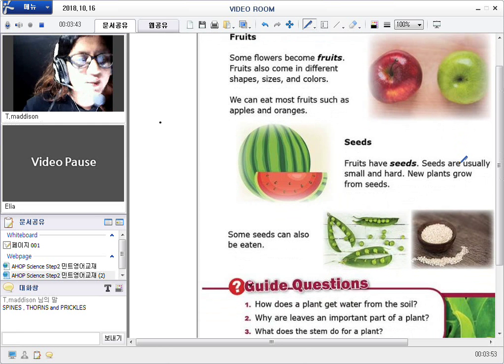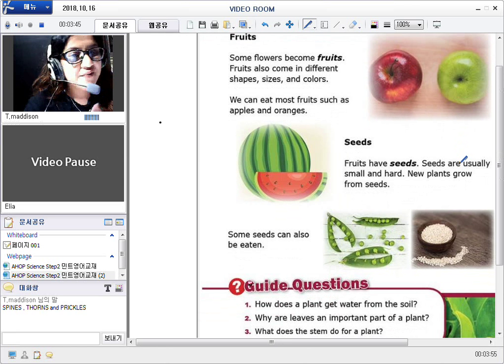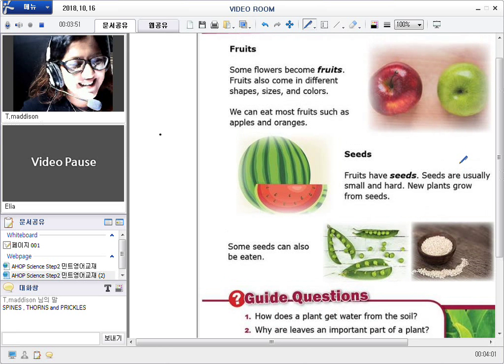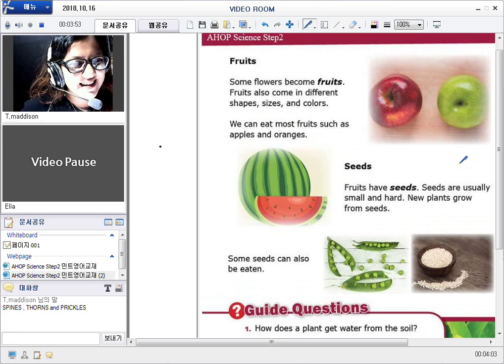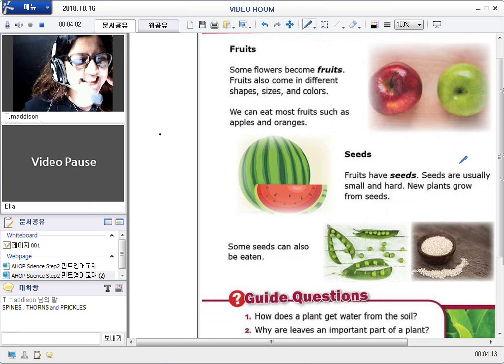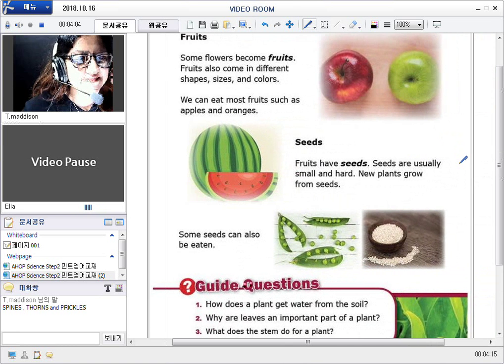Would you like to provide me an example of a fruit in which the seed can be eaten? Sunflower. But it's not a fruit. Yes. Then what else?